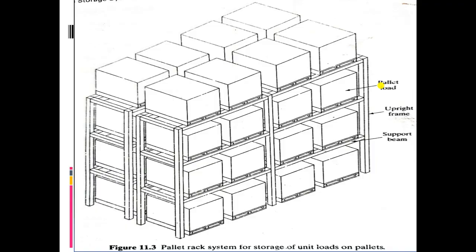Then this is a pallet rack system for storing a number of units on the pallet, and whenever required, they can be taken out easily. There won't be any problem in removing or taking one pallet from the stack system.